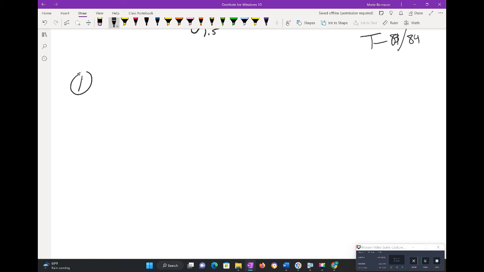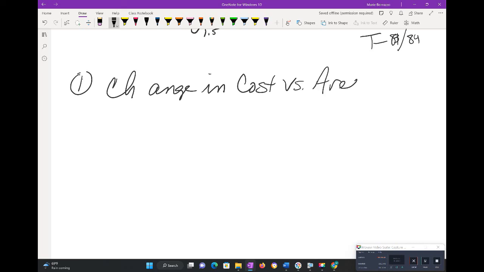And now that you get the general idea of what is expected of this section, we can look at the question which states the change in cost versus the area under marginal cost. And you're going to see, hopefully, the connection between what we just did and a few examples and what this is talking about.